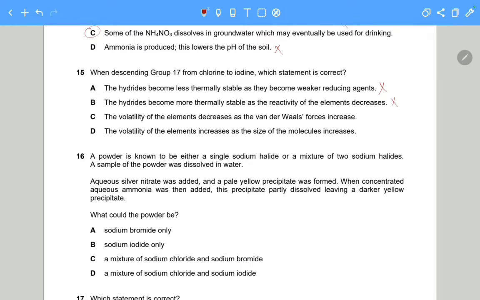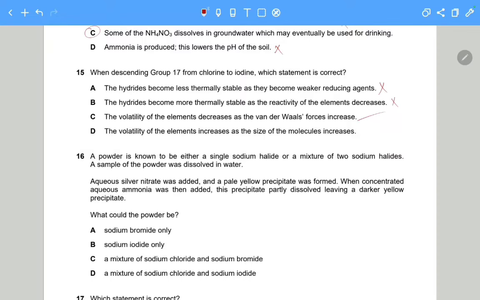And option C, the volatility of the elements decreases as the van der Waals forces increases. Yes, because as you're going down, the size of the molecule and the number of electrons in the molecule are increasing from chlorine to iodine, and therefore the van der Waals forces will become stronger, and because the van der Waals forces become stronger, the elements evaporate less because their boiling point increases, and hence the volatility of the elements decreases.